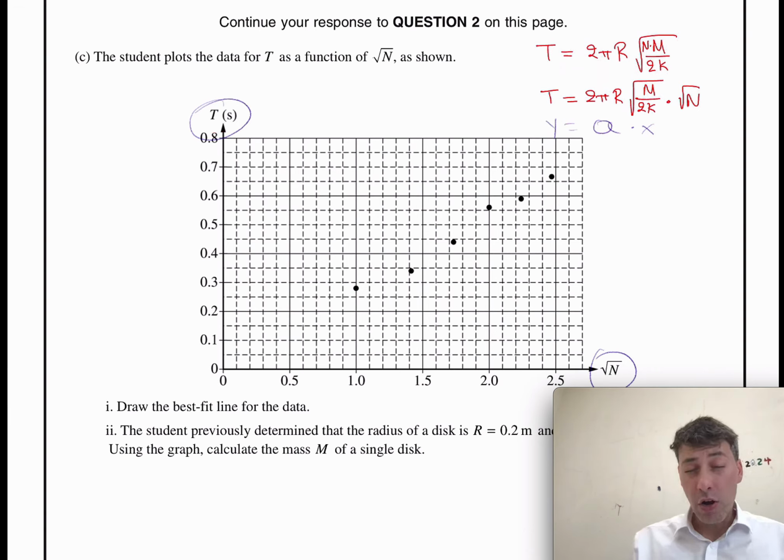Sorry, the root of the number of disks. This is the representation of the rule, and first part we need to draw the best fit line for this data.